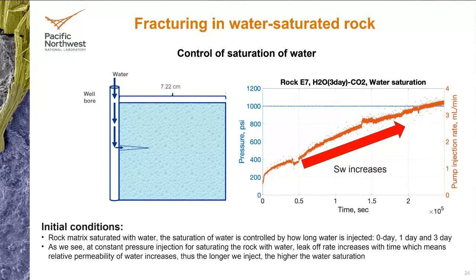We check it at constant pressure, and we stop after we estimated the pore volume of the rock to be about 33 milliliters, based on surface area analysis and volume of the entire sample. Then we say, okay, we're going to sit at 1,100, 1,200 psi constant pressure with polymer solution and let it leak off inside the rock until the pump shows about 1/3 of the volume has been delivered.